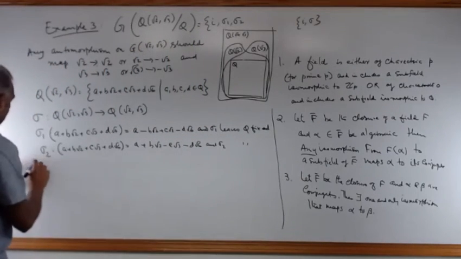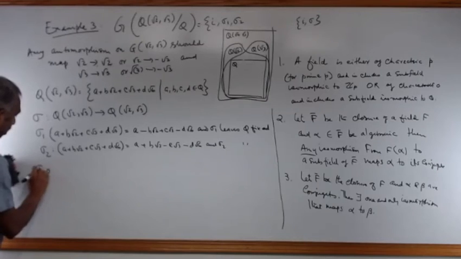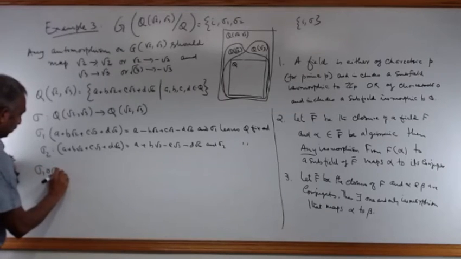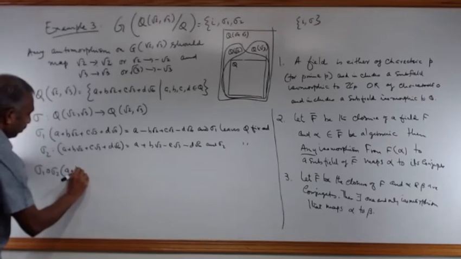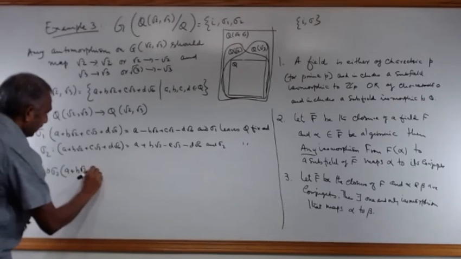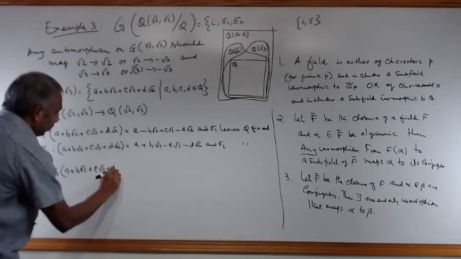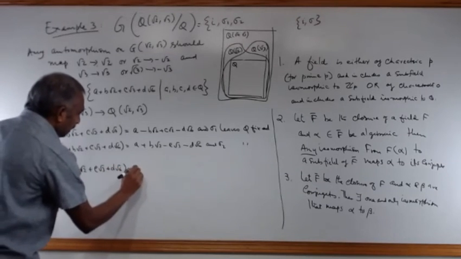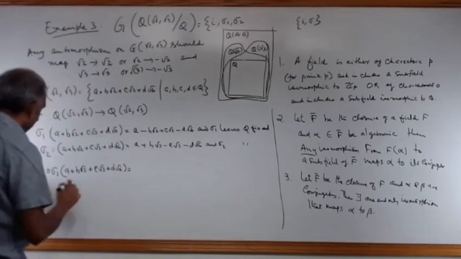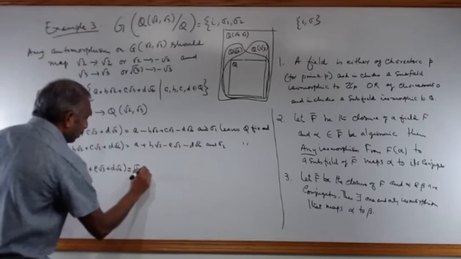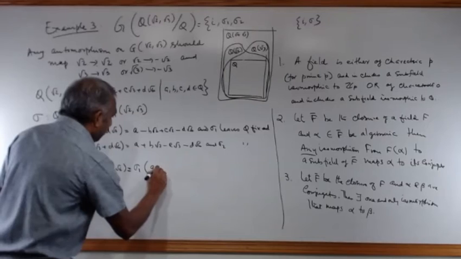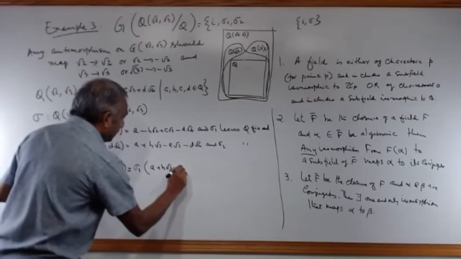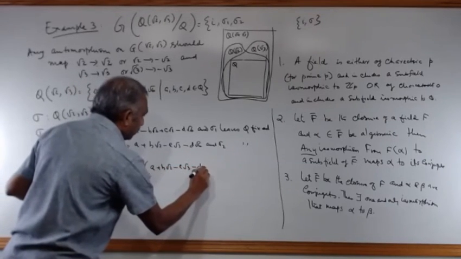So what is sigma 1 after sigma 2 of A plus B root 2 plus C root 3 plus D root 6? It equals sigma 1 of A plus B root 2 minus C root 3 minus D root 6.